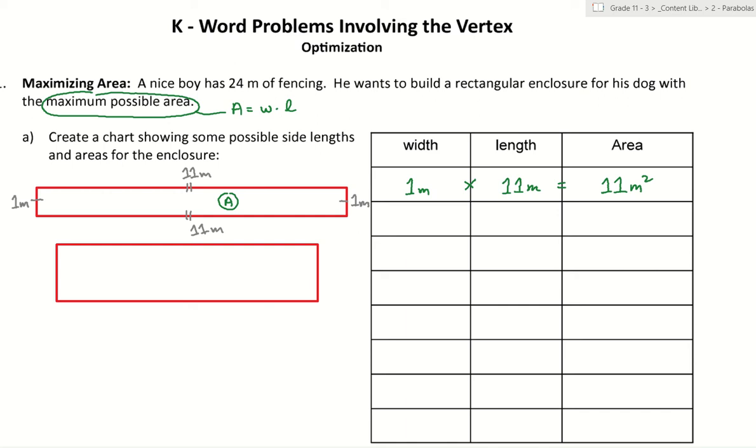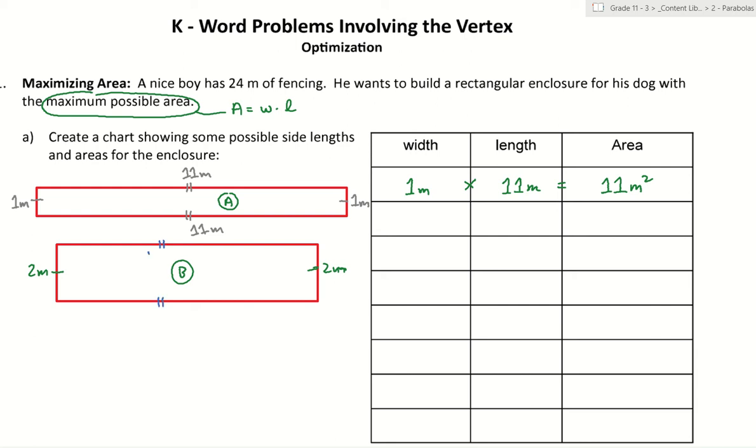Okay, so let's say we wanted to make, in this second rectangle, 2 meters on the side. All right, 2 meters and 2 meters. Well, that's 4 meters of fencing. 24 meters is all we have to work with. So if we take away the 4 that we used, we have 20 left over to be split amongst the two sides.